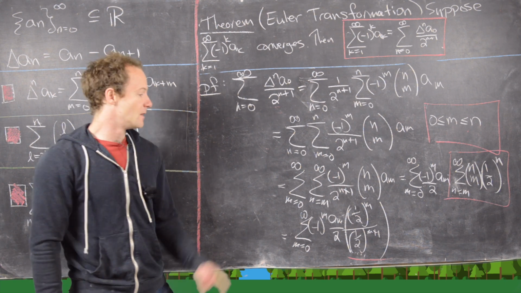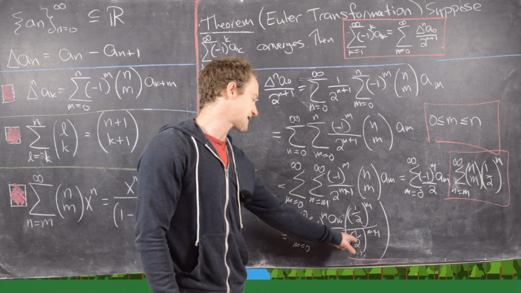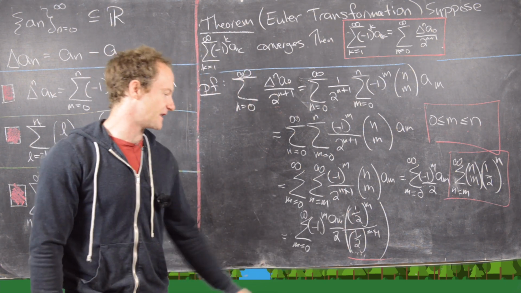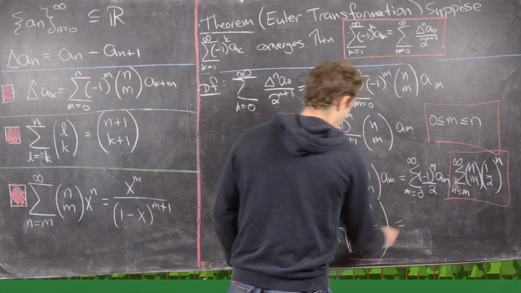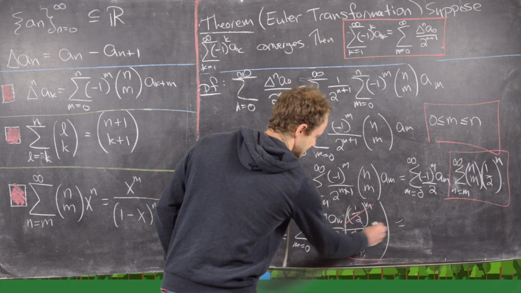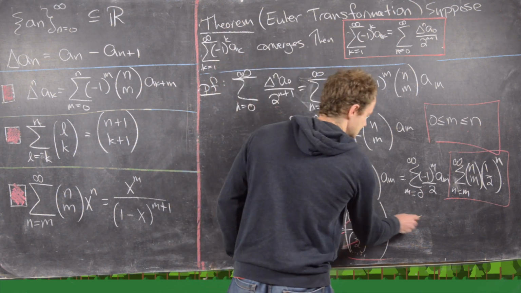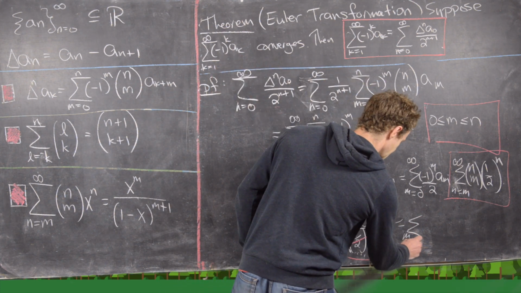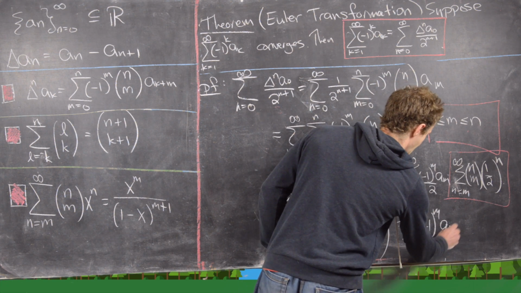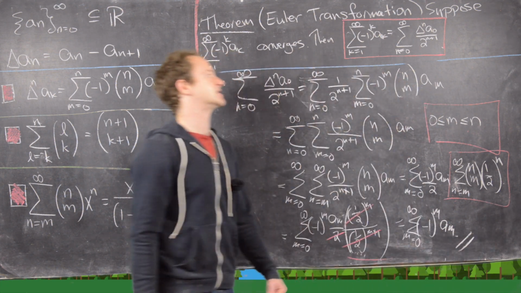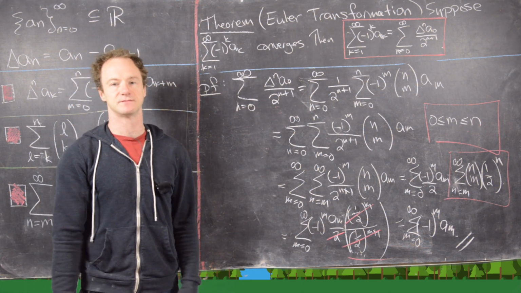But notice that that's going to cancel down to just a 1/2 in the denominator, which is going to cancel this 2 in the denominator. So all of this cancels, leaving me with the sum m equals 0 to infinity of (-1)^m, a sub m, which finishes the proof of this transformation.